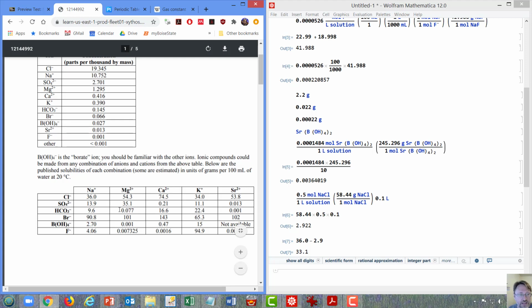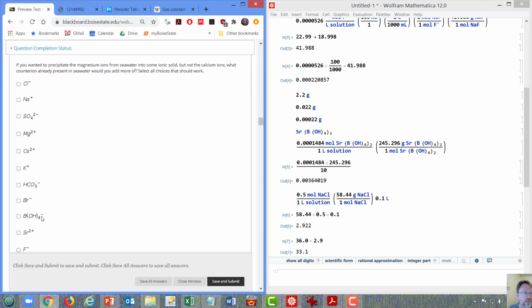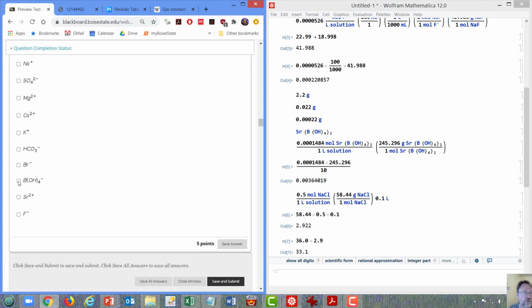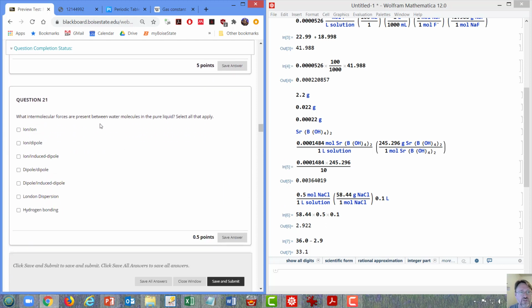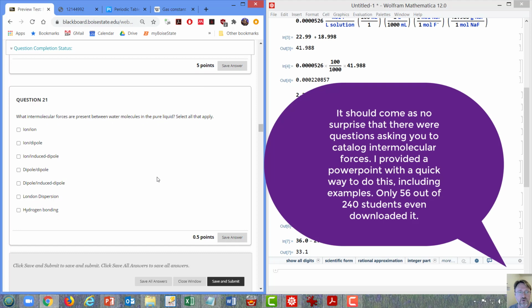That looks like bicarbonate, because this one is low, this one's high, and the borate. This one is low, this one's high, comparatively. So if you add bicarbonate to it, this is going to precipitate, and this won't. So bicarbonate, borate.